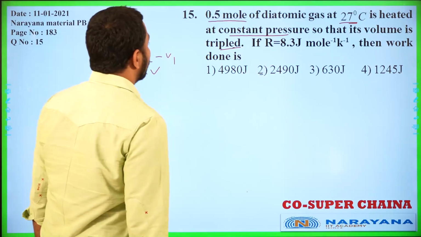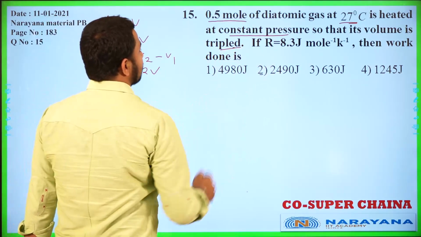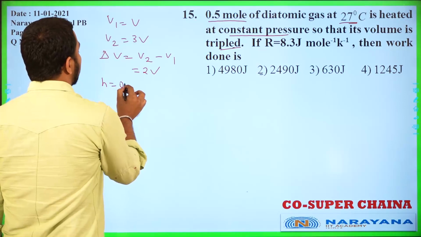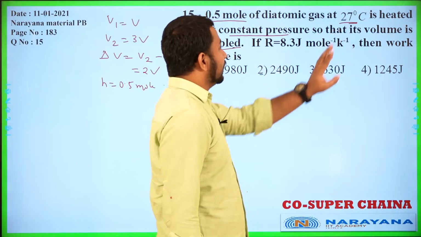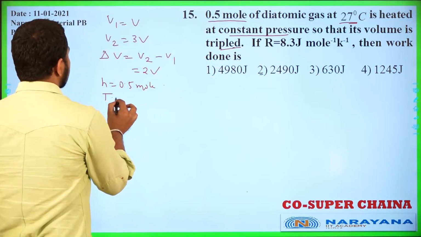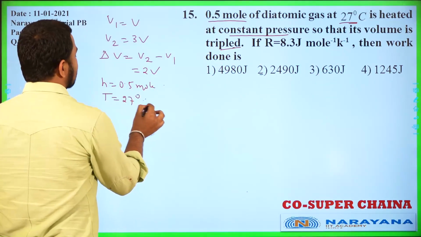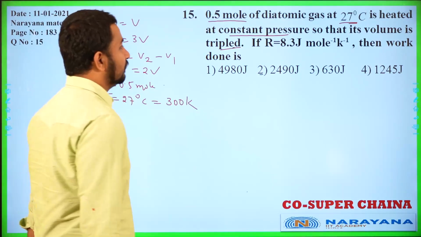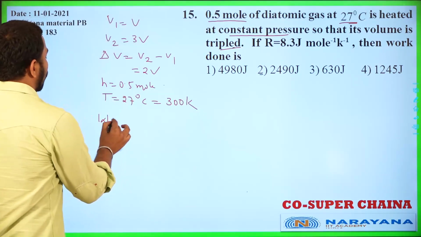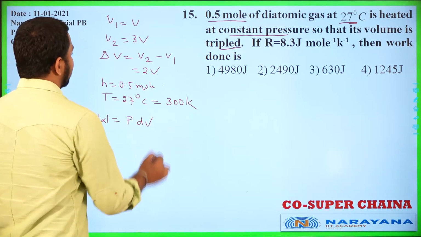Now in this question N is given to us. N is 0.5 mole, and the temperature is given in degrees Celsius. So T is 27 degrees. We'll convert this to Kelvin by adding 273, so we'll get it in Kelvin. Work done will be P dV, right?